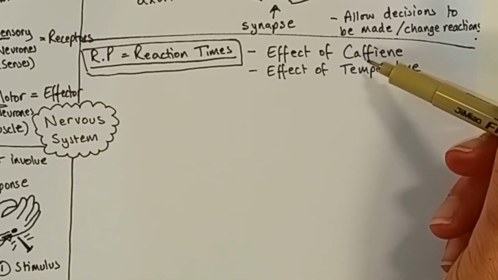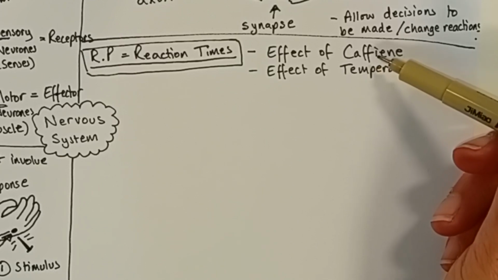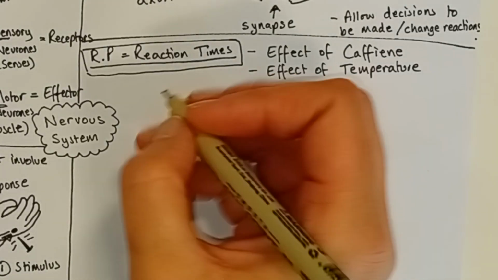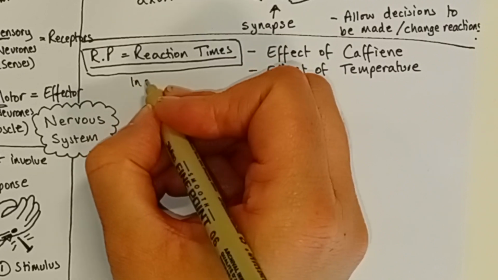So you're either giving your subjects caffeine or not, or you're changing the temperature. You can't do both. Okay, so these are the independent variable.